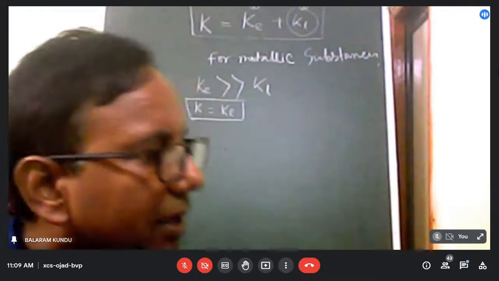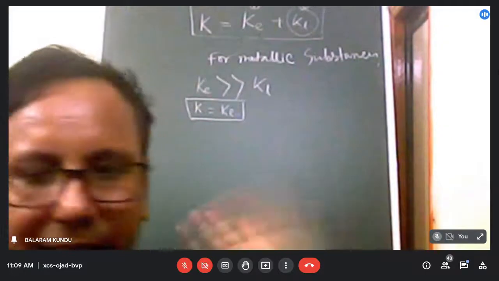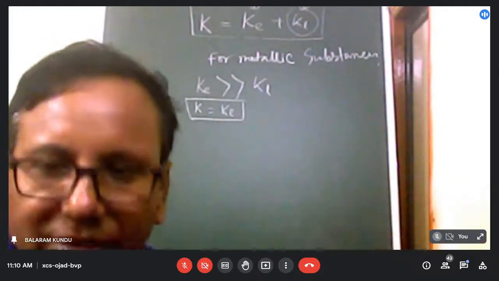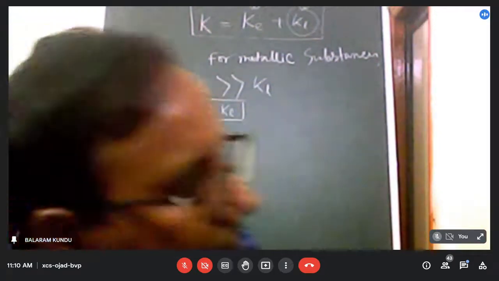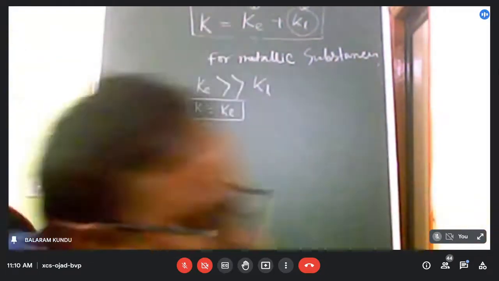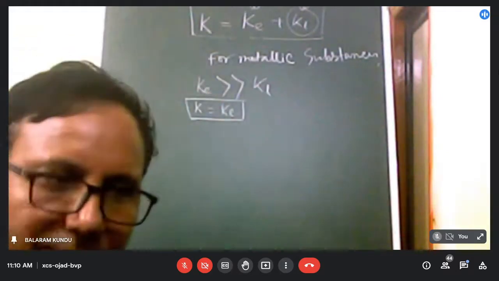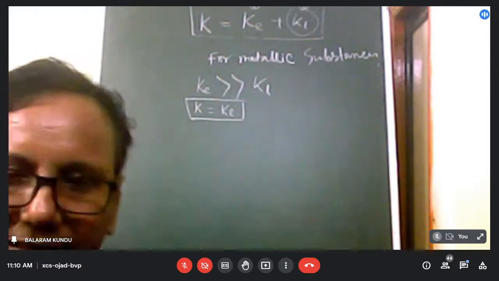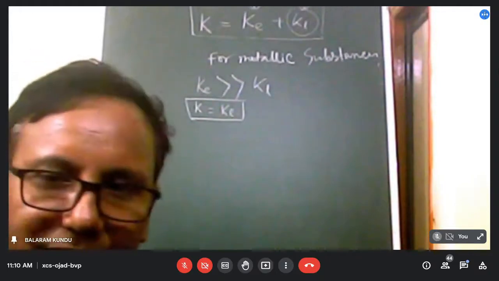Now, if you increase the temperature for an isotropic material, K is there. This is a scalar quantity. If you increase the temperature of the solid, then for metallic substances the contribution of Ke is much greater than Kl. So in that case, K equal to Ke.